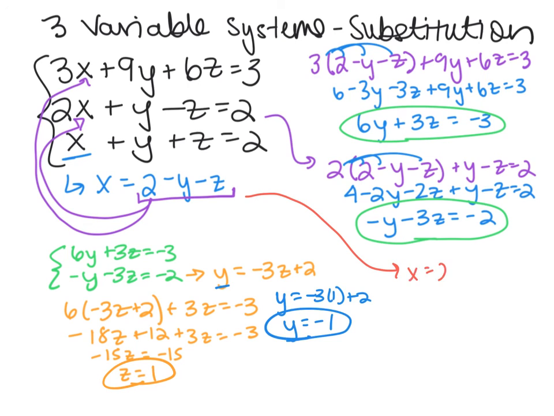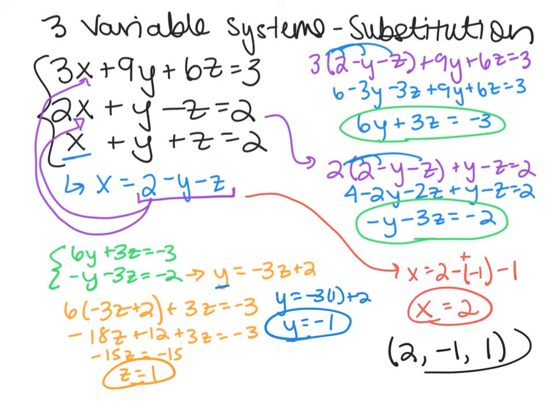We have x equals 2 minus y, which is negative 1, minus z, which is 1. Well, when you do a minus and negative, it turns into 2 plus 1 minus 1, which is just 2. So notice this is the same problem as on the previous slide. We have x equals 2, y equals negative 1, z equals 1.